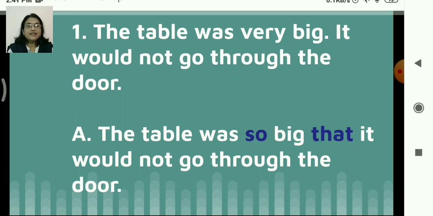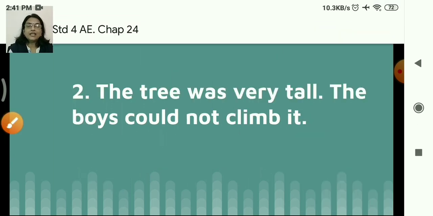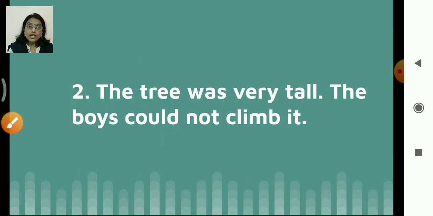Now let's see one more. The tree was very tall. The boys could not climb it. So what we have to remove? Very. Instead of very, what we are going to add? So. And while joining, we'll remove the full stop. And which word we are going to add?